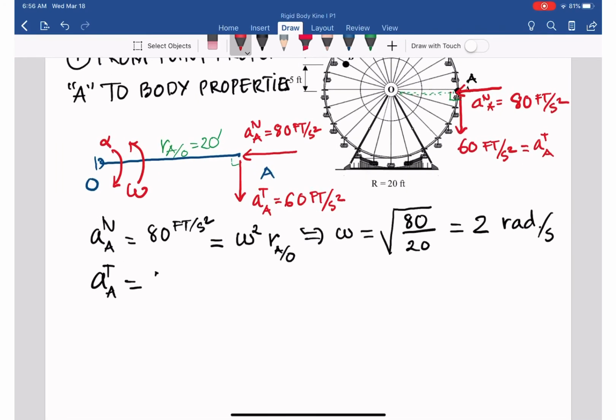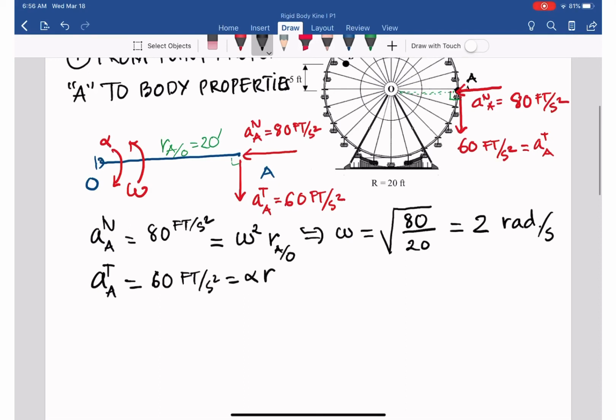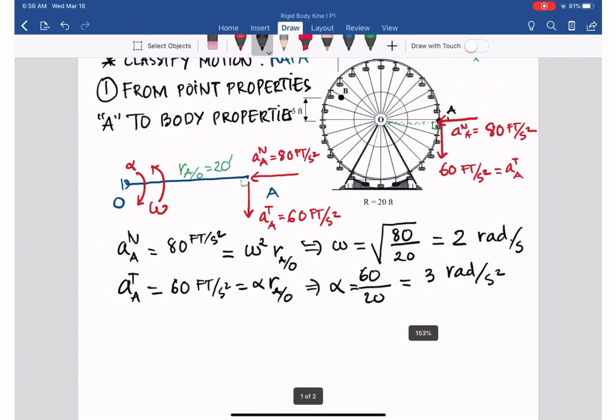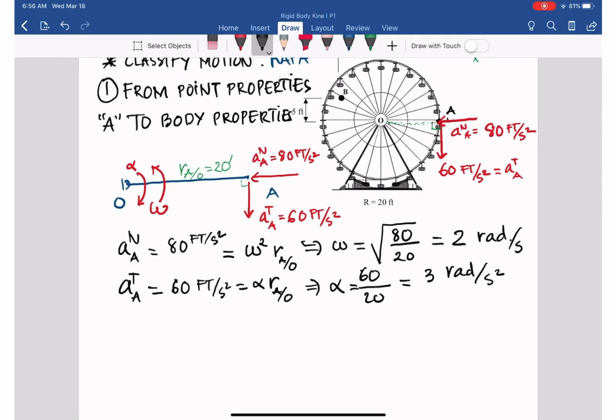So AT equals 60 feet per second square, and this equals alpha times r of A relative to O, and from that you have alpha equal to 60 divided by 20, so it will be 3 radian per second square.